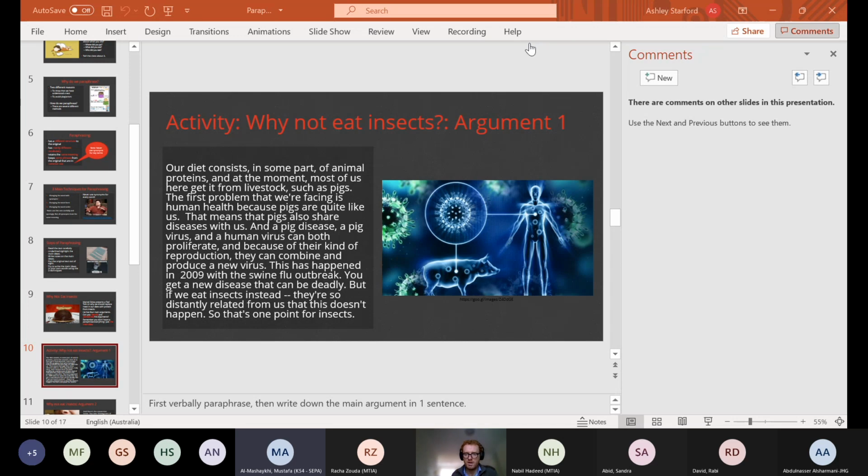So what do you guys think? Argument 1. To avoid health-related issues. Okay. So insects present perhaps a healthier alternative. In what ways? Livestock viruses combine with the human viruses, and that would deteriorate human health by producing a new virus generation.